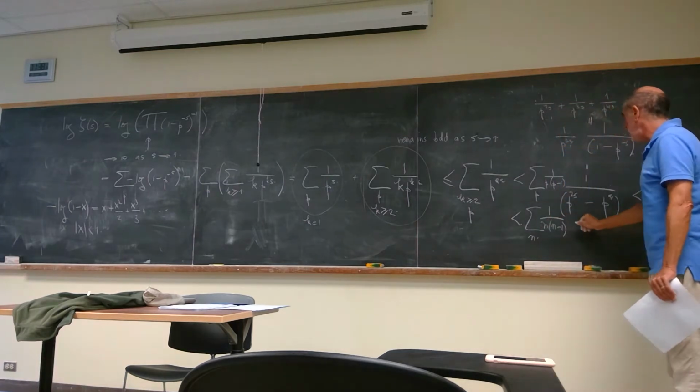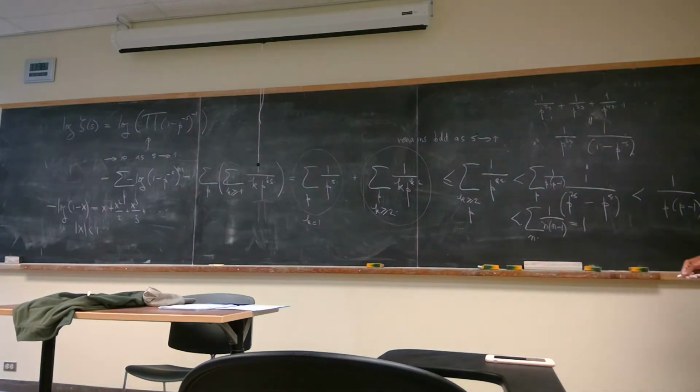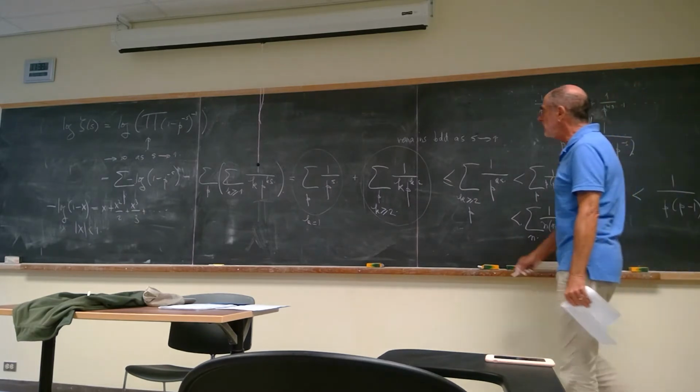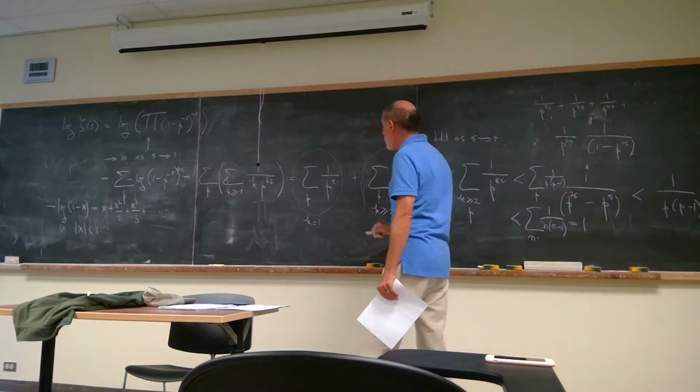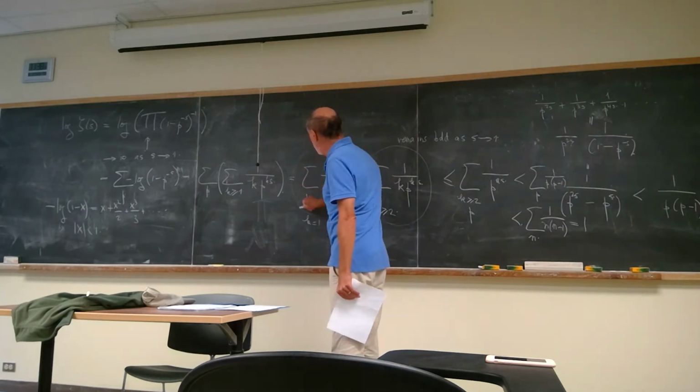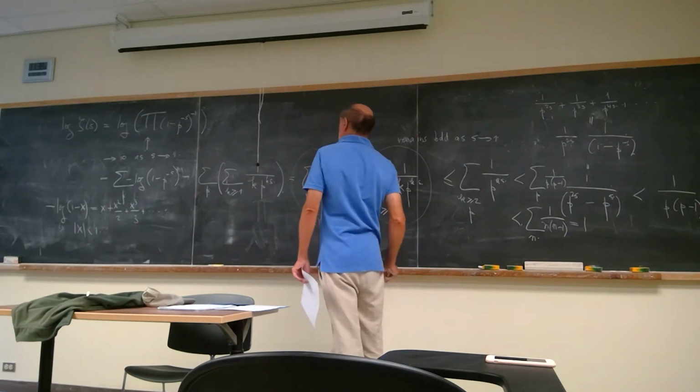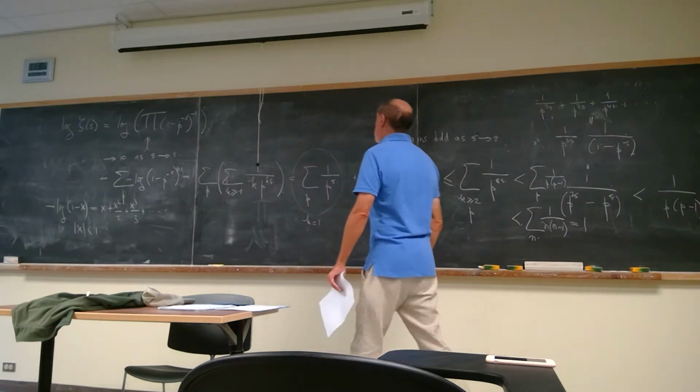And it's a cute exercise to show that this sum is equal to 1. I'll let you do that one yourself. That's a telescoping series whose sum is actually equal to 1. So in particular, this part of the sum remains bounded by 1 as s goes to 1, and consequently this has to go to infinity as s goes to 1.